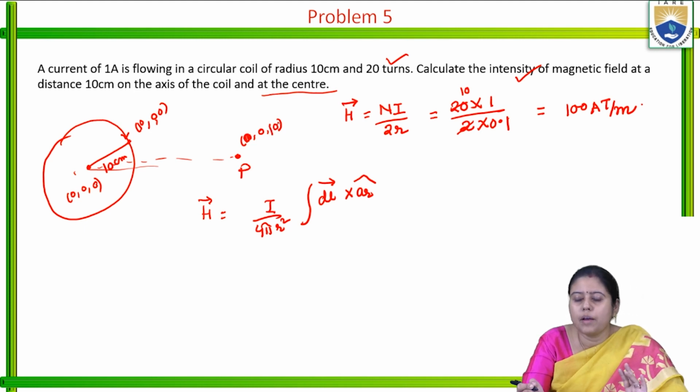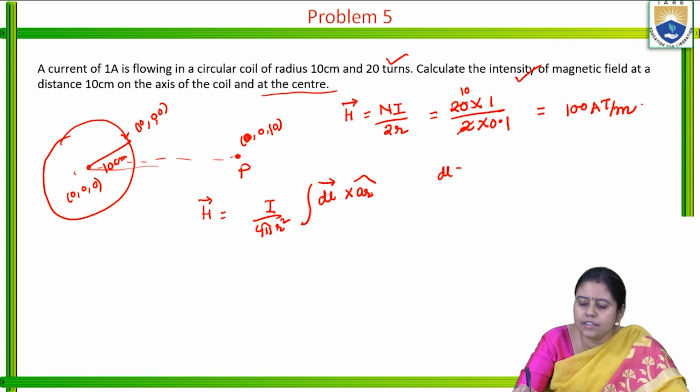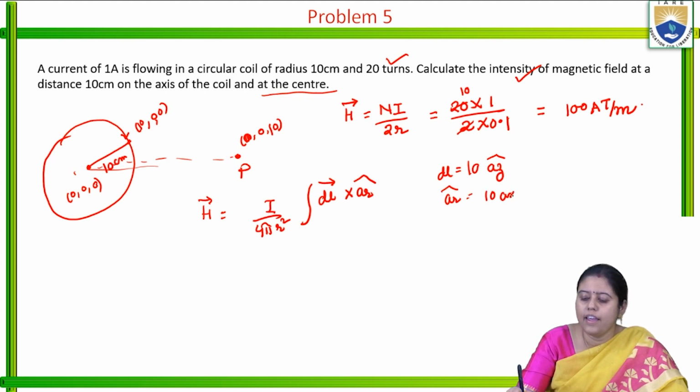So if we put the value of dl cross AR, we will get the equation. What is dl then? dl is equal to 0, 0, 10, meaning only 10. And AR is equal to 10 in the direction of the vector.